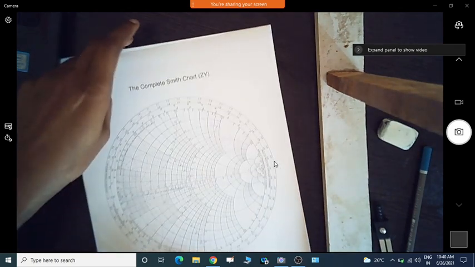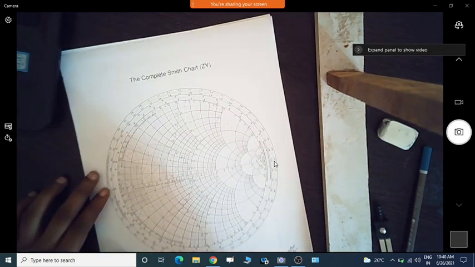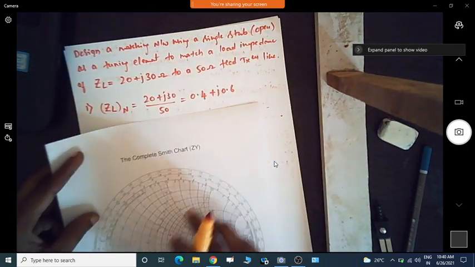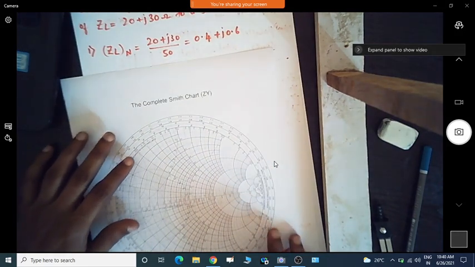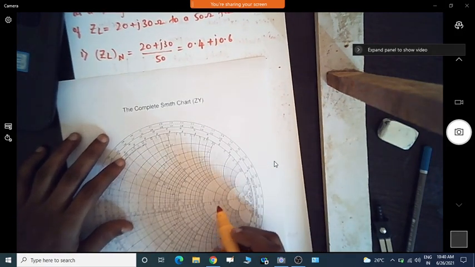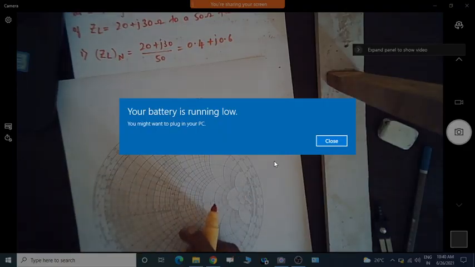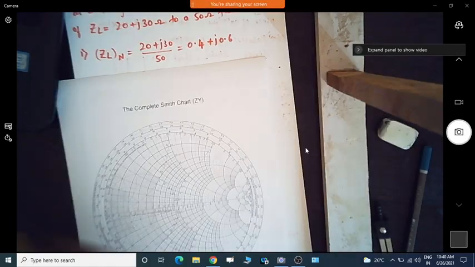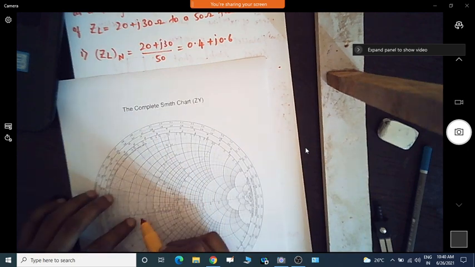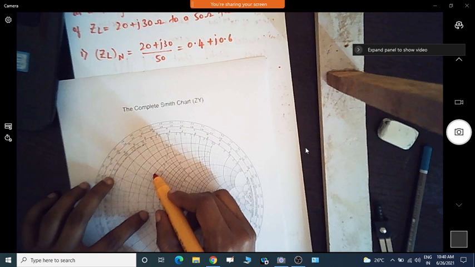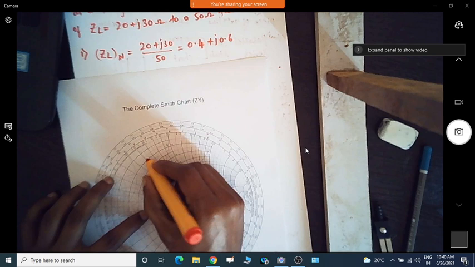ZLN is 20 plus j30 divided by 50, which is 0.4 plus j0.6. Here we have 0.4 and 0.6, which is the point where we have the normalized load.